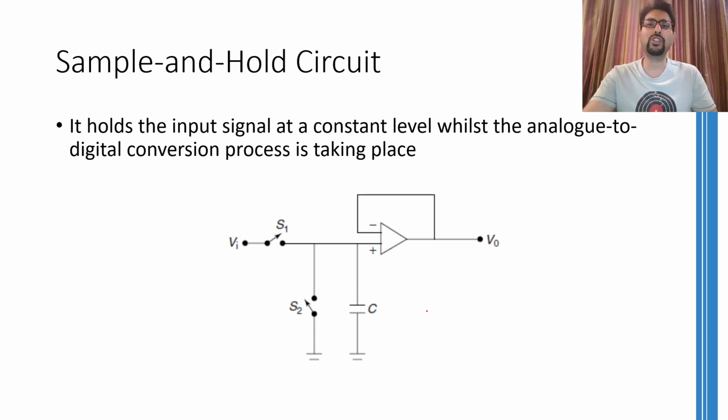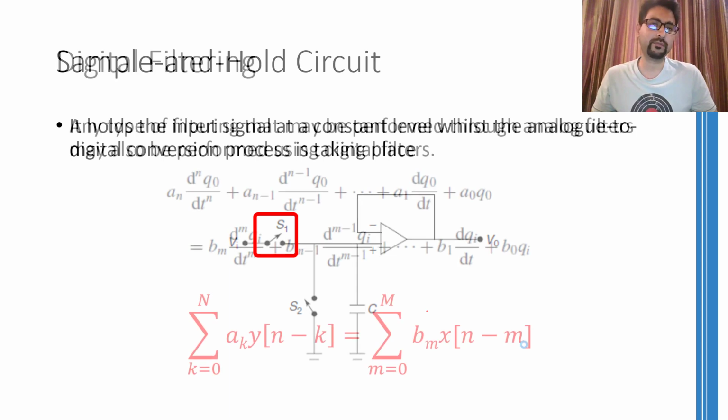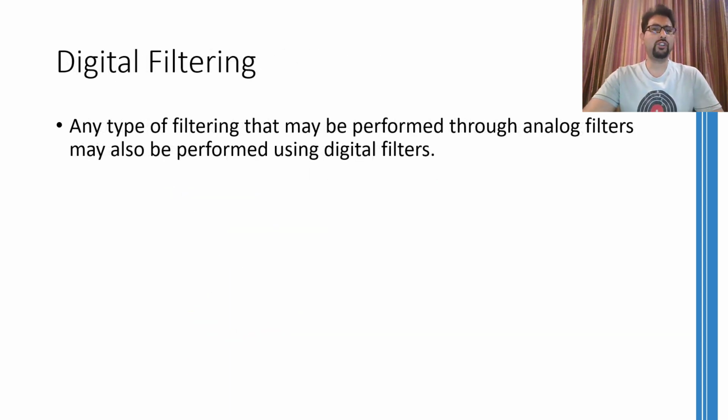Once the analog to digital converter has performed its task of conversion, the switch S2 will be closed to provide a discharging path for the capacitor. After the discharging of the capacitor, the switch S1 will close once again to hold the next value and the cycle will repeat.